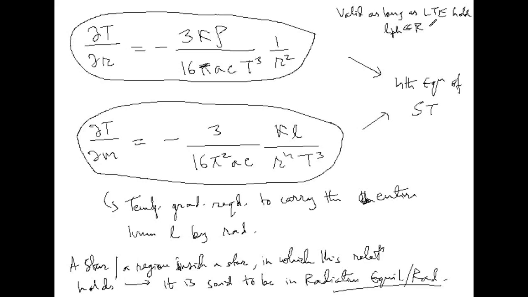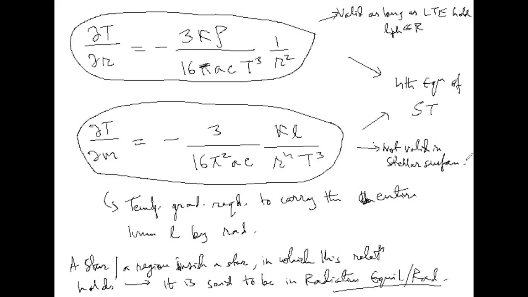So near the photosphere, the diffusion approximation is no longer valid, and we need to solve the full and more complicated equations of radiative transfer. This is a topic of stellar atmospheres, and we are not going to talk about it here. So this is not valid at the stellar surface. You must remember this.